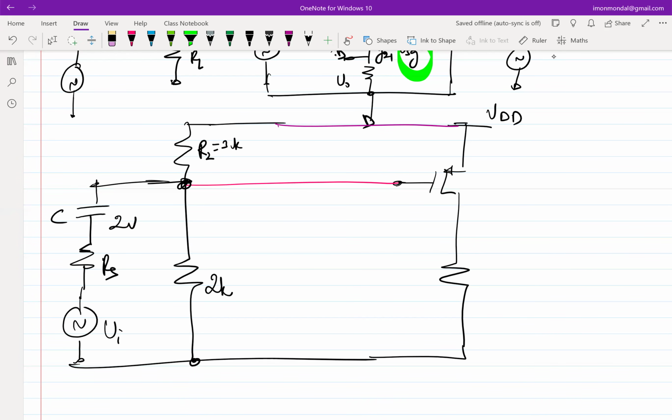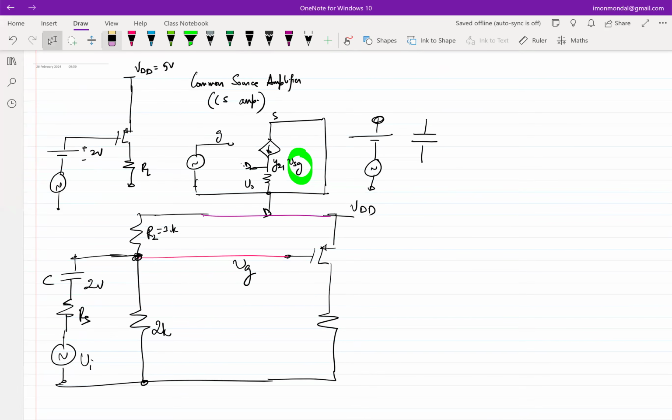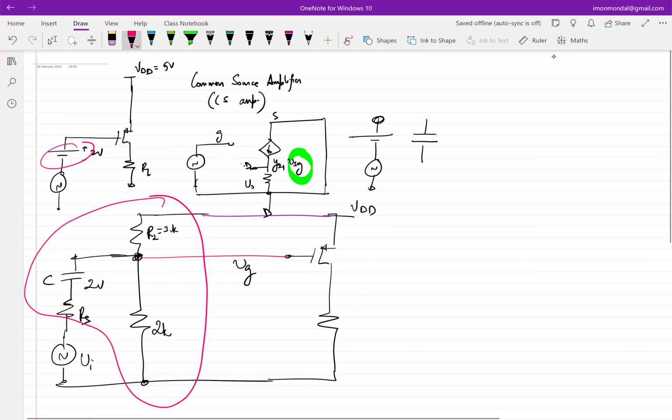So if we have to do that, what should we look for? Do you understand the question? Essentially the question is, I am trying to replace this battery using this contraption. So not only this, the entire contraption.